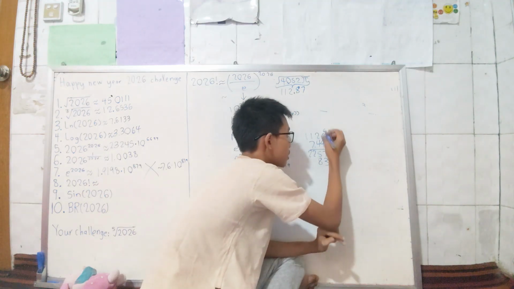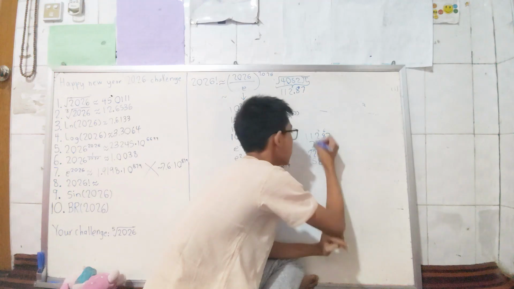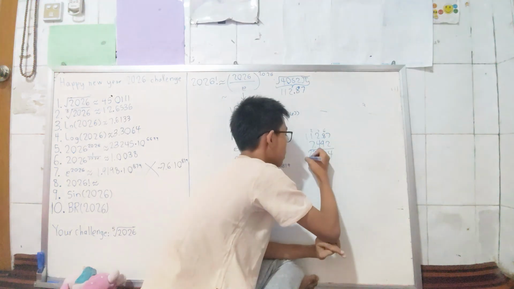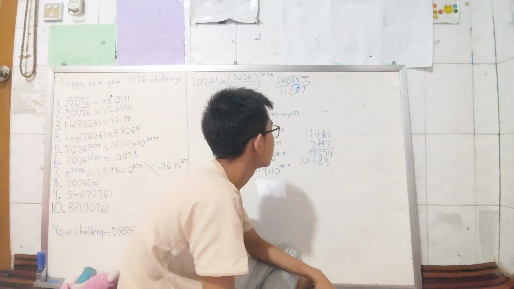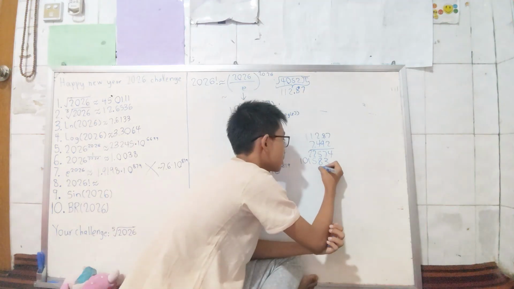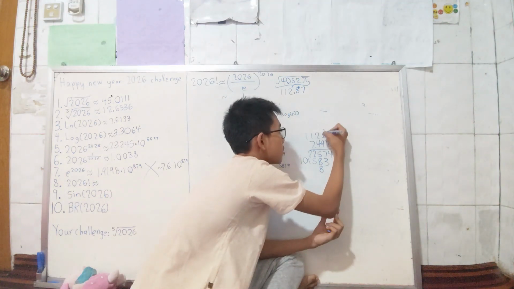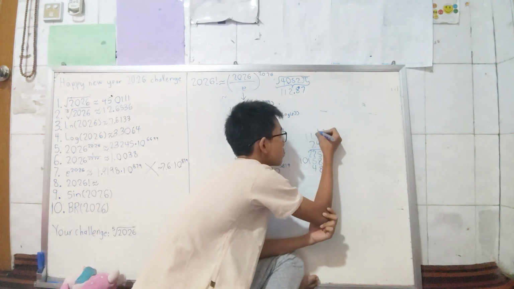That's going to be 78. 2 times 9 is 18. 25. 11. 10. Okay. So 4 times 7 is 28. 4 times 8 is 32, that's going to be 34.